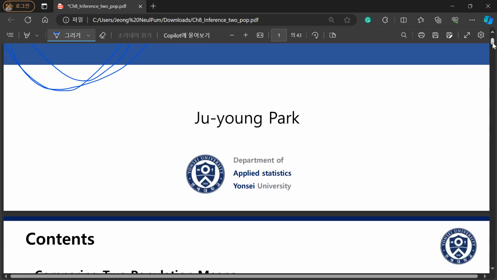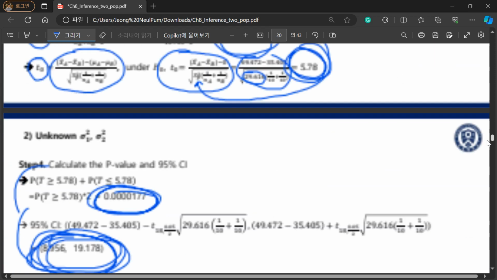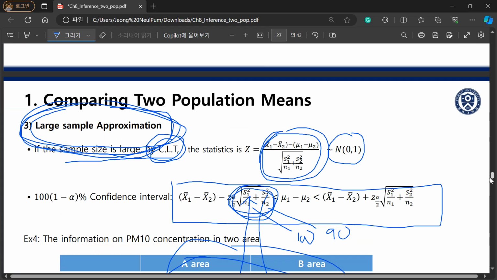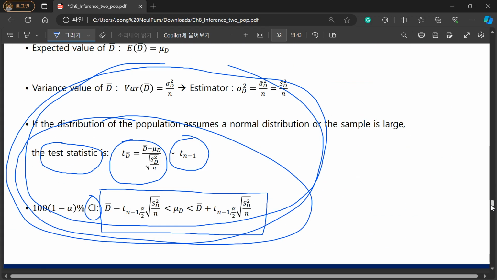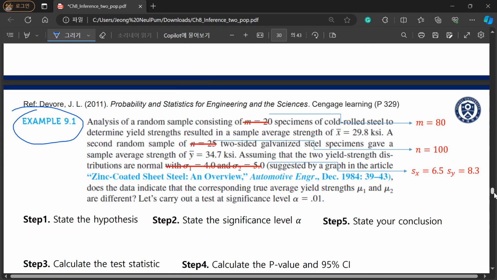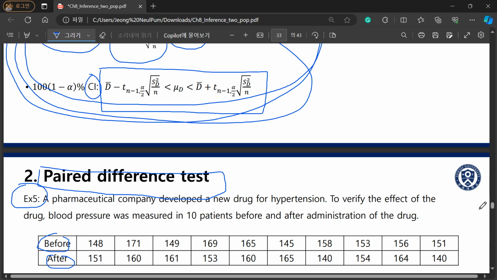So good luck, and you have to be familiar with implementing the R code and formulas based on the situation. You have to classify the situation when you see the example. It is the most important part. Okay, have a good day and see you next time.